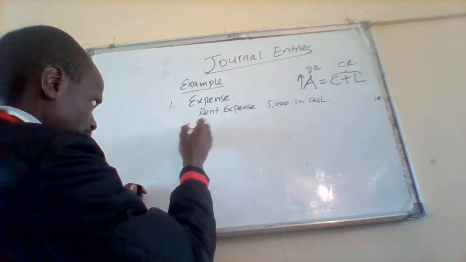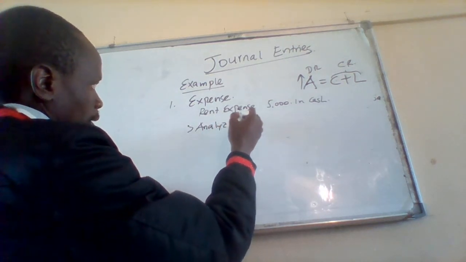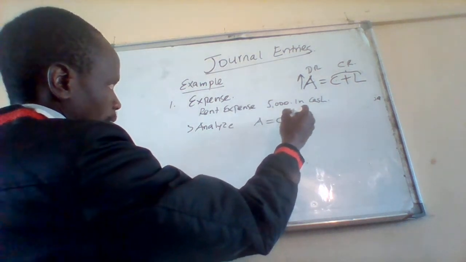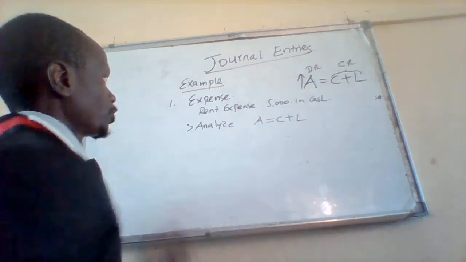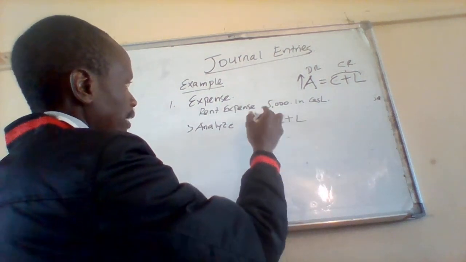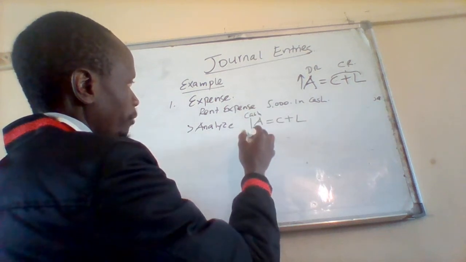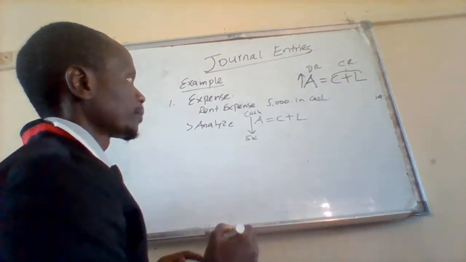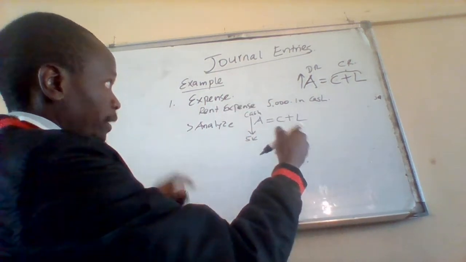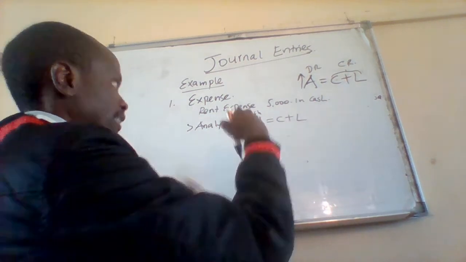So the first stage is analyze. Asset is equal to capital plus liability. So rent expense in cash. Your cash will make your asset go down. So cash has gone down, therefore asset has gone down by 5,000. Your capital has been affected because expenses affect capital, but they affect capital negatively.